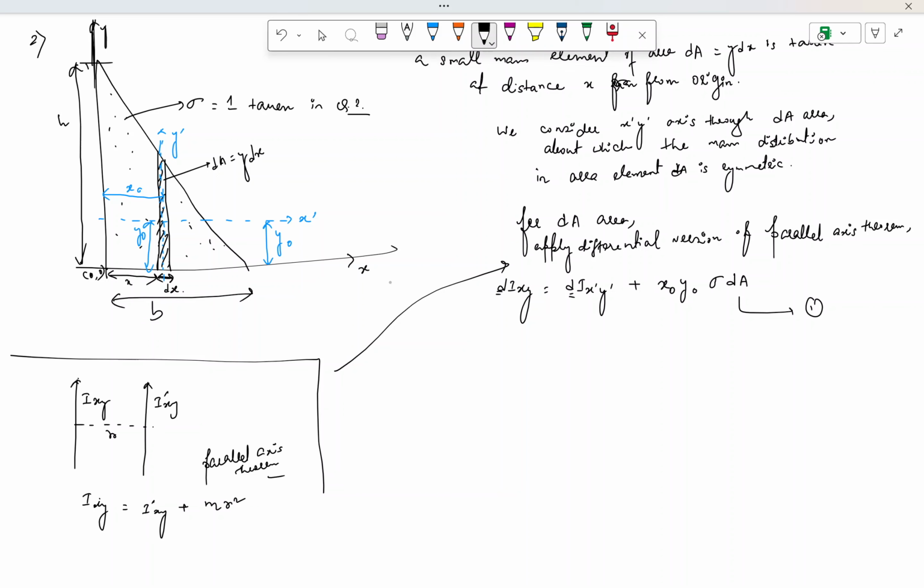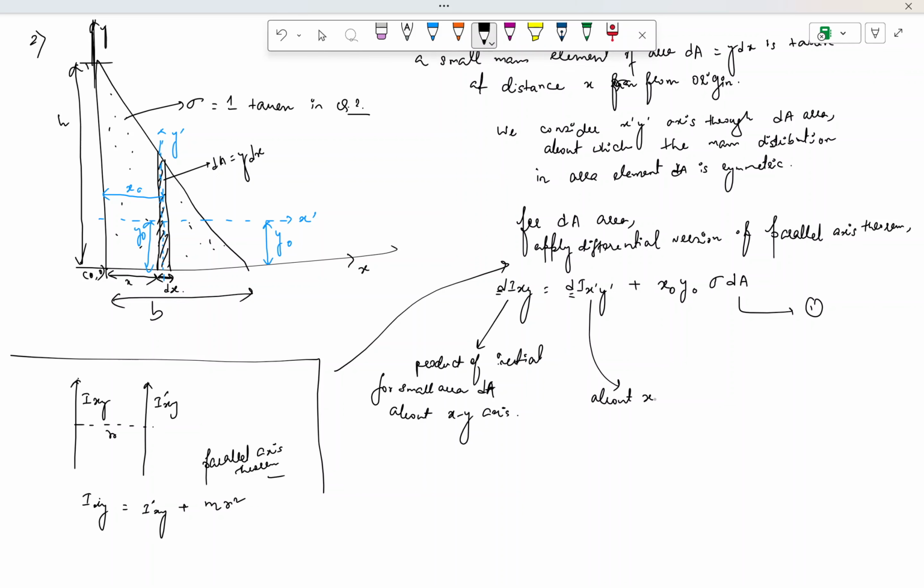So the product of inertia for the small area element dA about the xy axis that was originally there is dIxy. This is the product of inertia for the small area element dA.